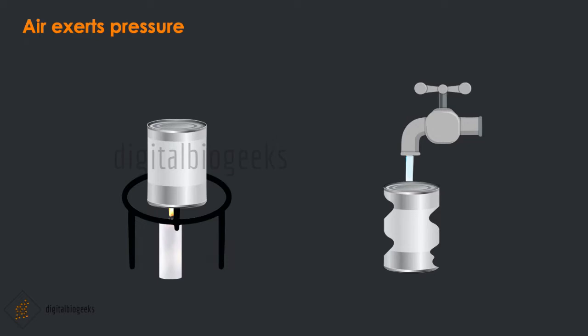Then the amount of air inside the tin reduces and so is the air pressure. The air pressure outside the tin is more than that of the air pressure inside the tin. As a result, the air pushes the tin from the outside. This air pushes the tin from the outside and the shape of the tin gets distorted.